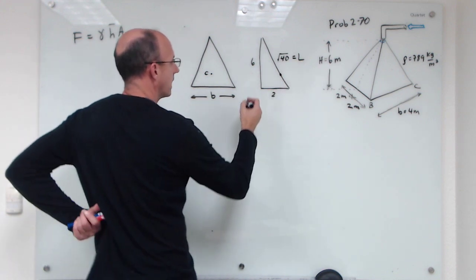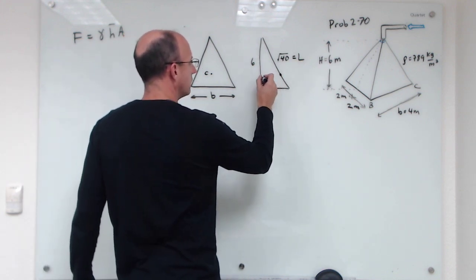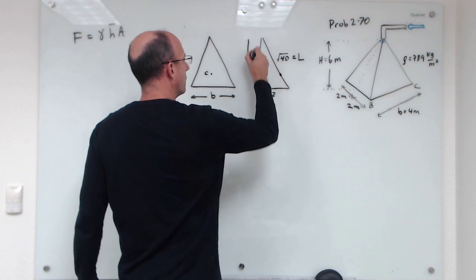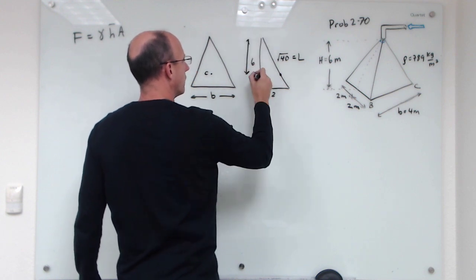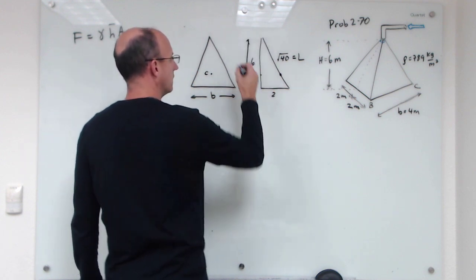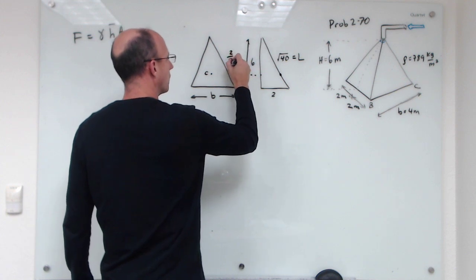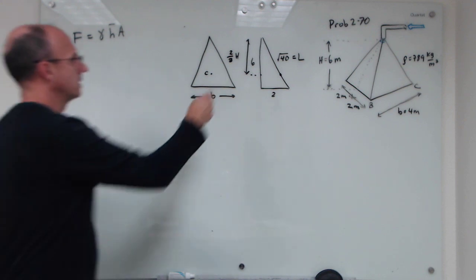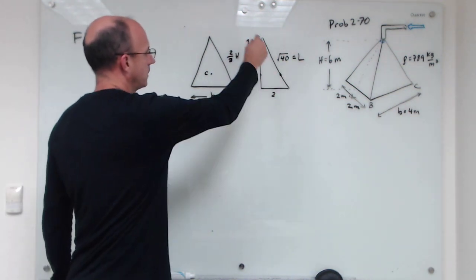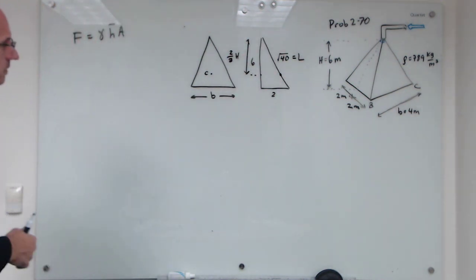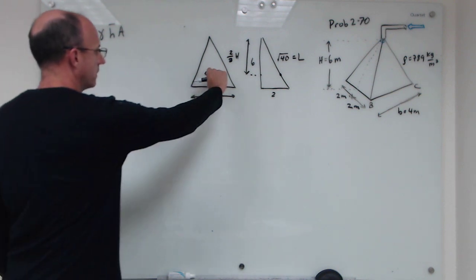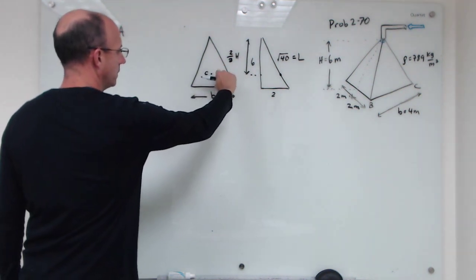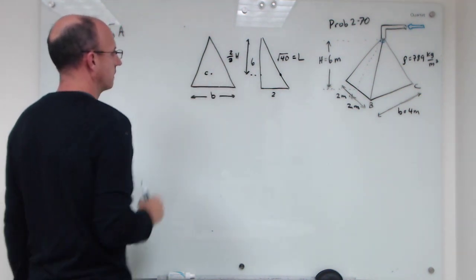And we would expect that it's located 2/3 of the way from the top, a height of 2/3 h, based on what we know about the geometry of a triangle: the centroid is 2/3 from the fat end of the triangle.